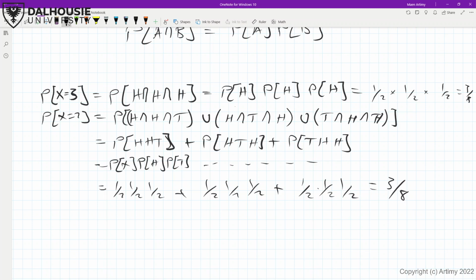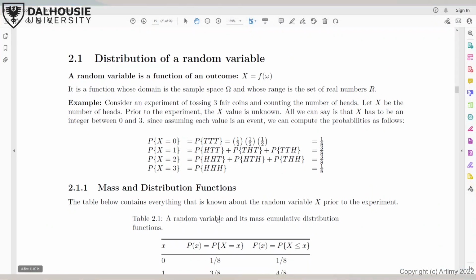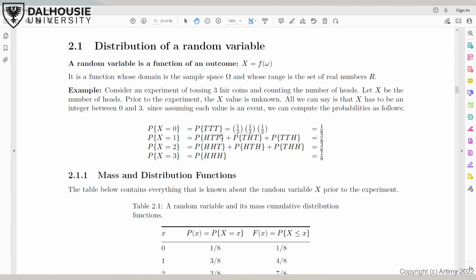Look how much we actually simplified, though we can calculate all of this using the basic principles that we learned. But we can just simply say the probability of x equals 0 is 1/8, and x equal 1, where x is the number of heads, is 3/8, and we'll continue like this.